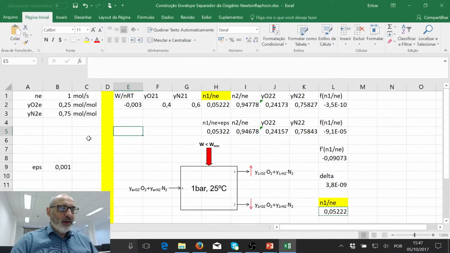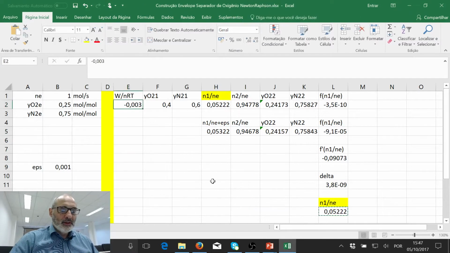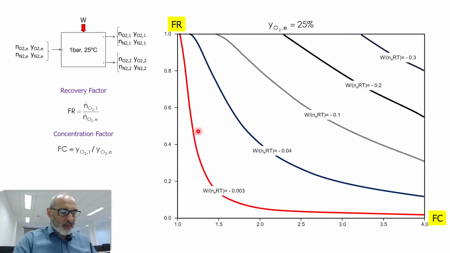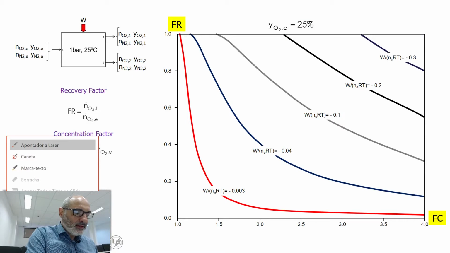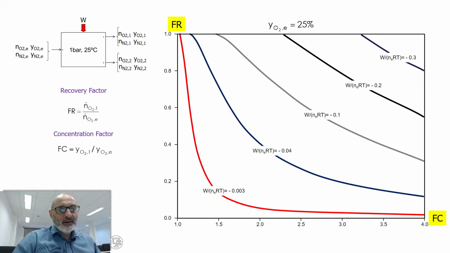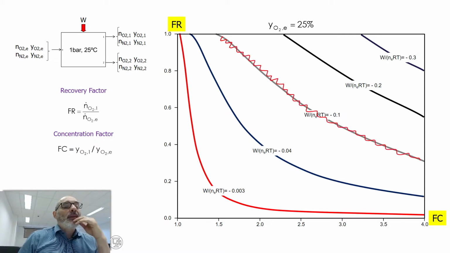Let me show you that on my spreadsheet. What I'm saying is that I can vary the amount of work. So let's say 0.5. When I fix a certain amount of work, I'm searching for a solution in one of these constant work lines here.